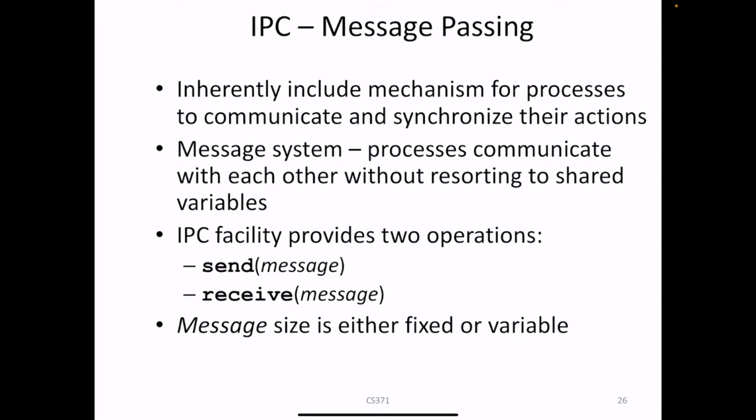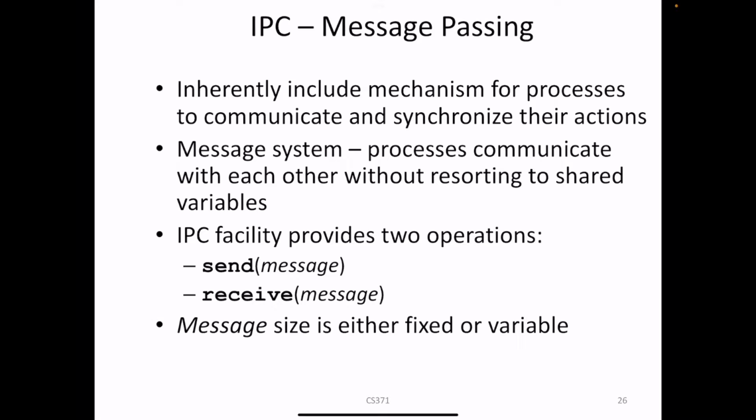On the other hand, the other option of inter-process communication is message passing, which inherently includes a mechanism for processes to communicate and synchronize with each other. So basically, here everything is handled by the operating system. The users do not need to worry about them anymore.